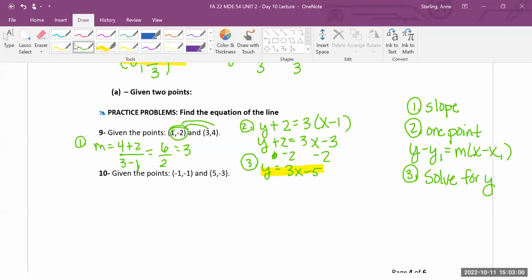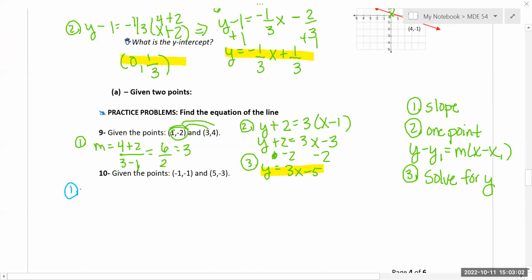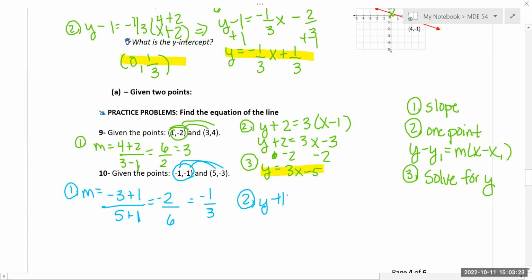All right, and then going on to my next one. Slope would be -3 minus 1 over 5 minus 1. I'm going to do this first point: y plus 1 equals -1/3 times (x plus 1). y plus 1 equals -1/3 x minus 1/3, minus 1.